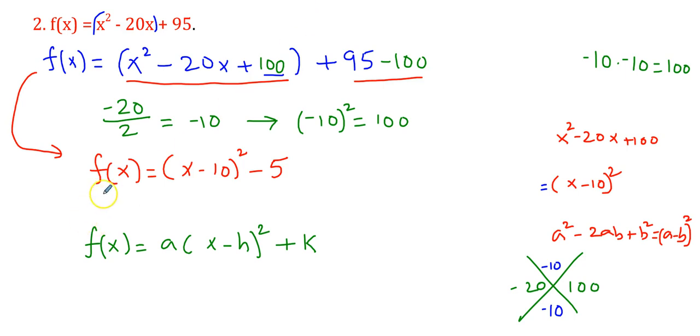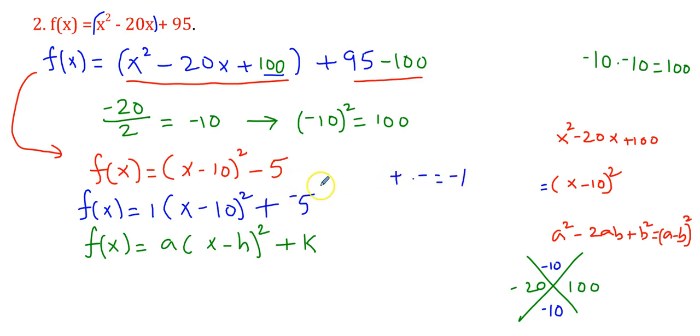We change this into f of x is equal to, there is nothing here, so I can just write 1 times anything is same, 1 times (x minus 10) whole square, telling me that h equal to 10, plus k I need, so plus -5. So plus of minus gives you minus. Positive times negative is negative. So -5.